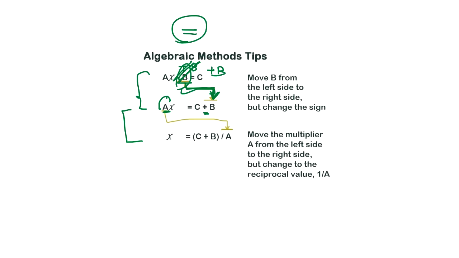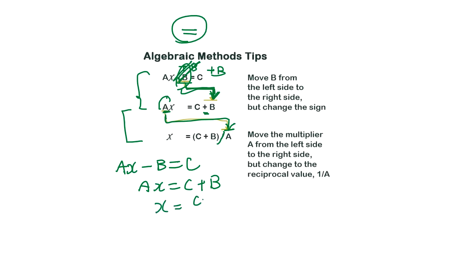So why don't you just move this to the denominator of this fraction? So it's going to be like this. I just move to the other side, and I move this to the denominator.